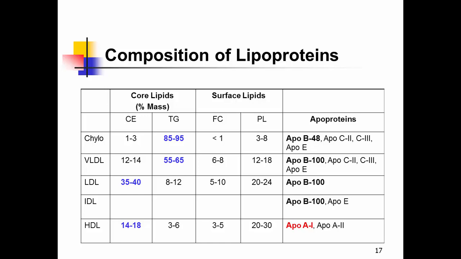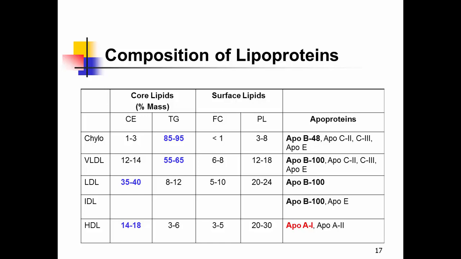For example, in the chylomicron core, 85 to 95% of the lipids are triglyceride, and in the VLDL core, 55 to 65% of lipids are triglyceride.